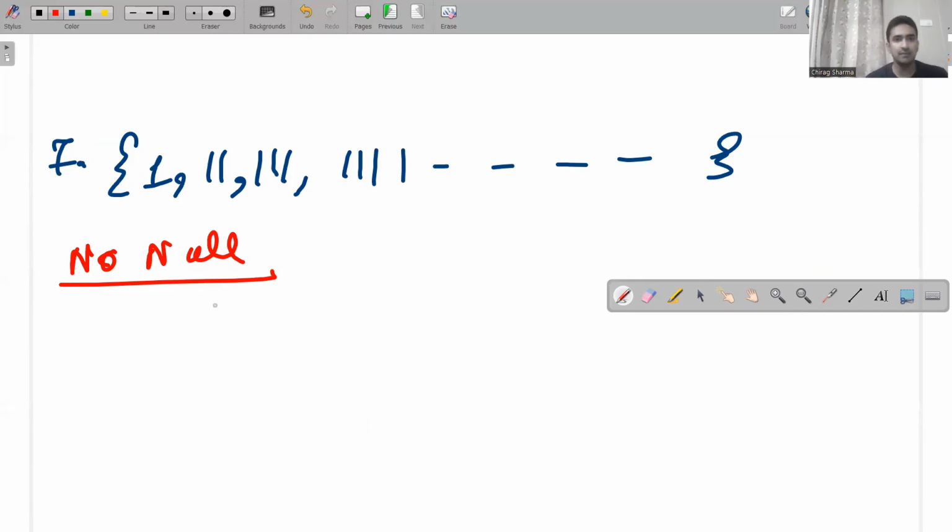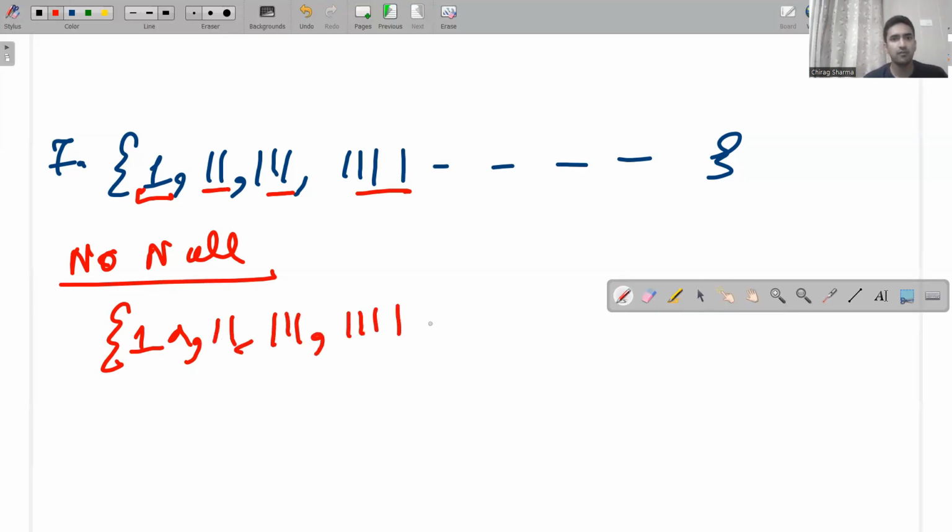So my regular expression would have minimum one 1, 2 ones, 3 ones, 4 ones. What you can do is take 1 as common. Can I write 1 as 1 null? I can, because 1 null is also 1, then 1 1, 3 ones, 4 ones, and so on.